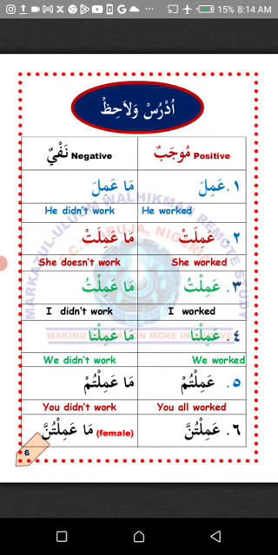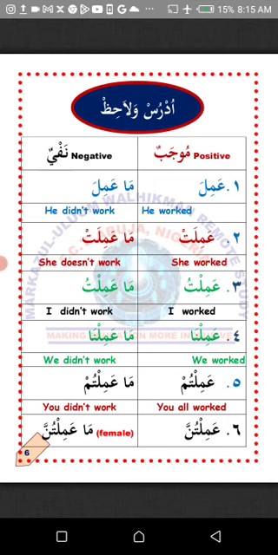Sitta number 6. Amiltunna, you all worked. Talking to a group of female persons. Amiltunna, you all worked or you have all worked. Ma amiltunna, you didn't work or you have not worked.